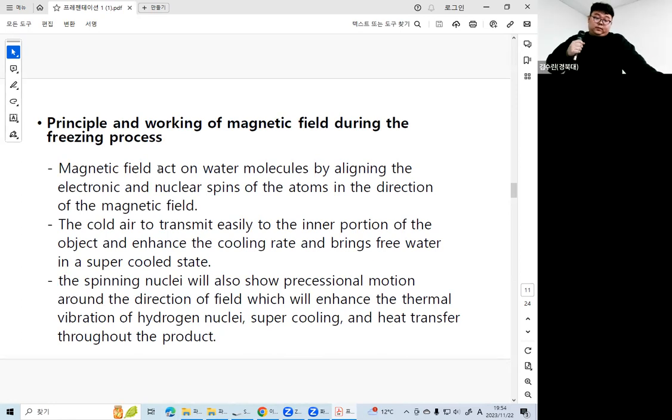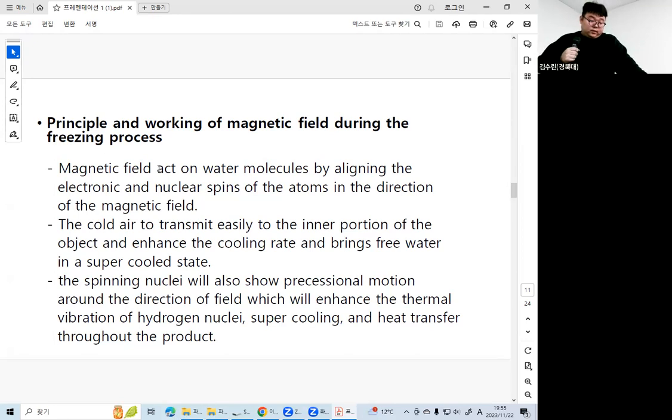Principle and working of the magnetic field during the freezing process: the magnetic field acts on the water molecules by the electronic and nuclear spin of the atoms in the direction of the magnetic field. This allows cold air to transmit easily to the inner portion of the object, enhances the cooling rate, and brings free water into the supercooled state.